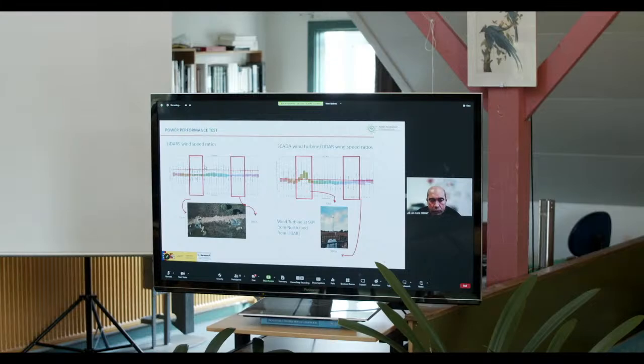Okay, well, this is the data obtained for the power performance tests using the LIDAR and the correction using the site calibration test among the data of the LIDAR and the SCADA wind turbine. And well, we can see that in many cases the differences in each wind direction between the SCADA wind speed and the LIDAR wind speed ratios corrected by site calibration test are important in some cases.